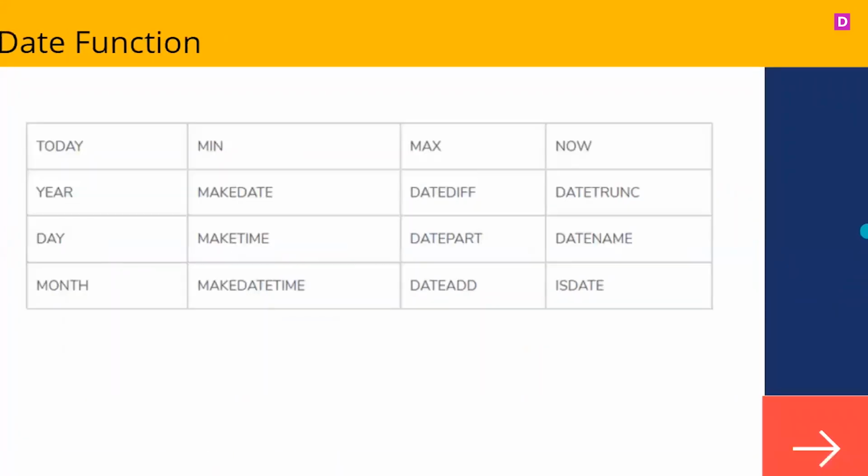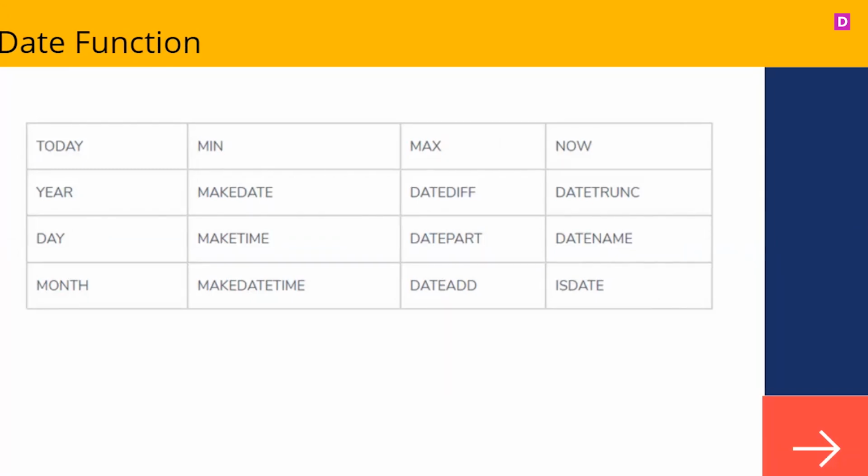And next what we have is the date function. Date functions allow you to manipulate data related to time, year, date and days. Suppose you want to convert days into hours, or hours into minutes. If you want to do that with your data, you can get assistance from the built-in date functions available in Tableau.